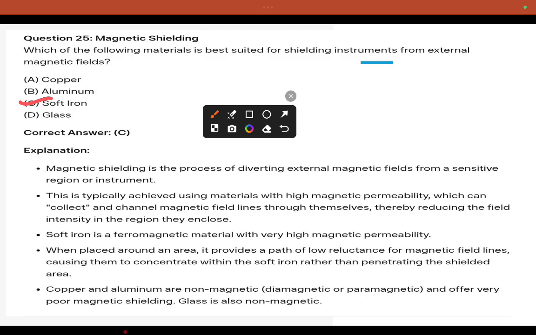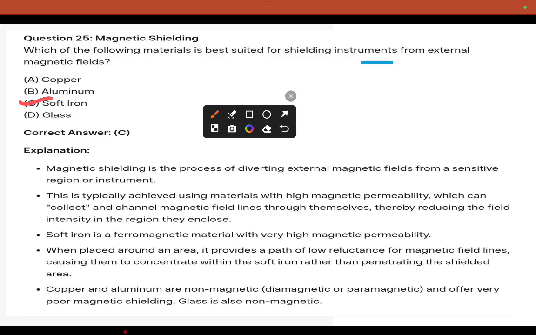This is typically achieved using materials with high magnetic permeability, which can collect and channel magnetic field lines through themselves, thereby reducing the field intensity in the region they enclose. Soft iron is a ferromagnetic material with a very high magnetic permeability.